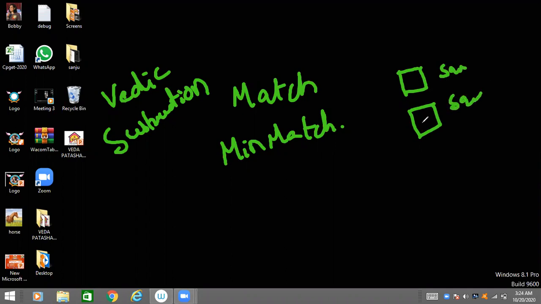If you ask somebody from the civil department whether both are the same, he will say no, because the area of this and the area of this may differ. But on the whole, by the name we can say both are squares, so it is matched.